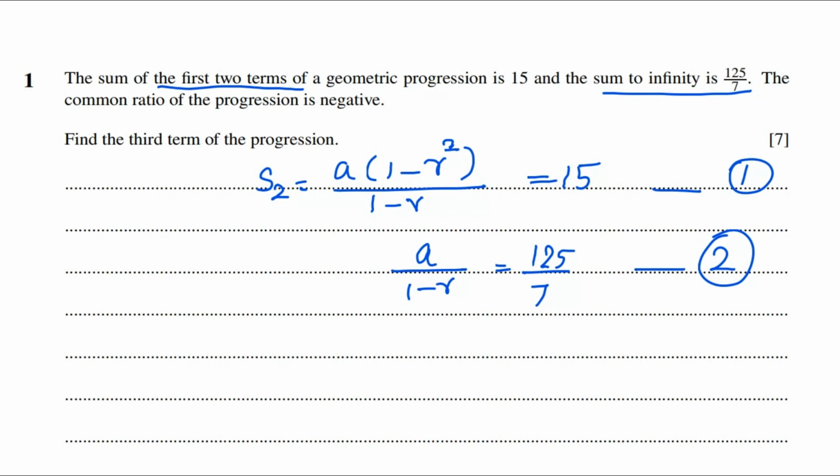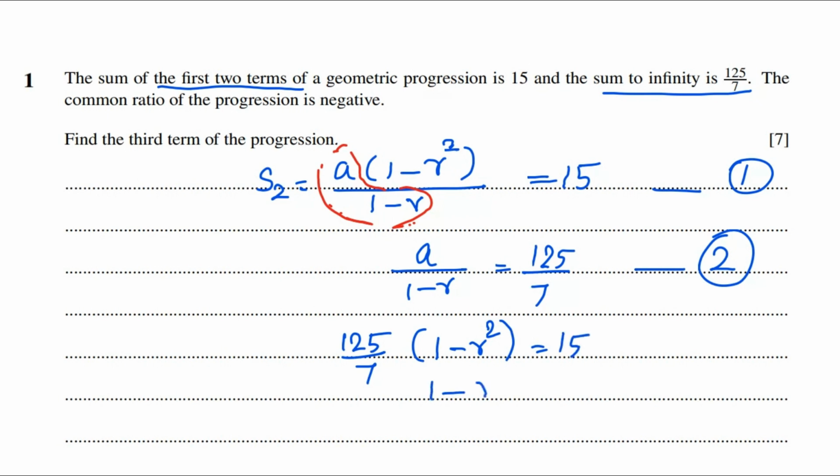Let's substitute this value in the first equation for this term. Let's substitute the value 125 over 7. So 125 divided by 7 multiplied by 1 minus R square equal to 15.